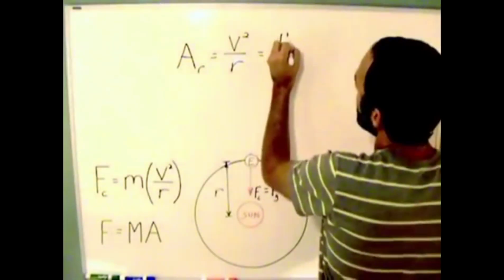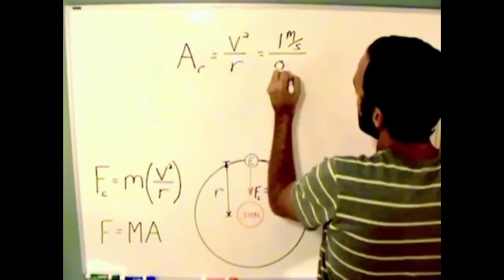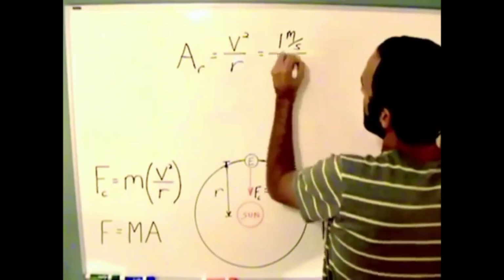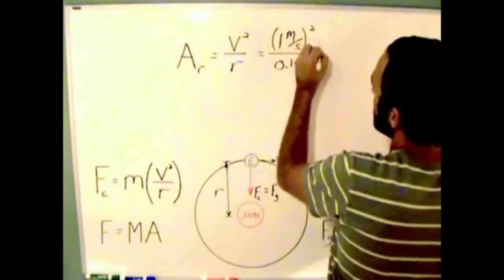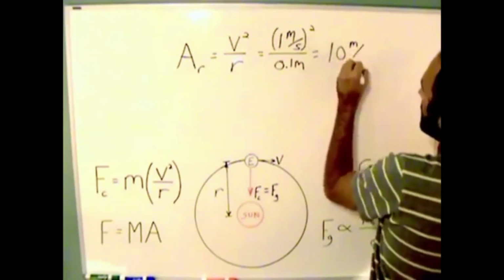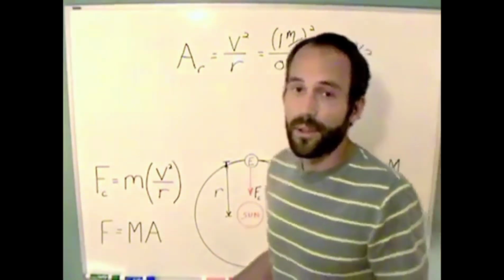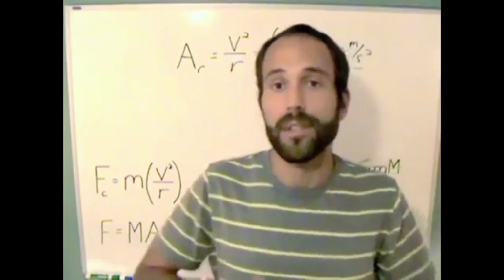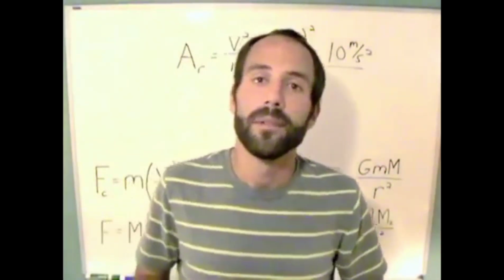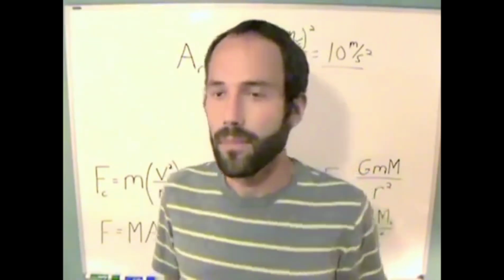So 1 meter per second, squared, up top, over 0.1 meters gives us 10 meters per second squared, which is pretty close to the acceleration due to gravity, the acceleration at which things fall towards Earth, which is 9.81 meters per second squared. So the units are actually the same.